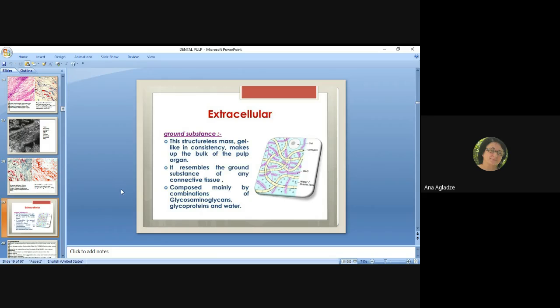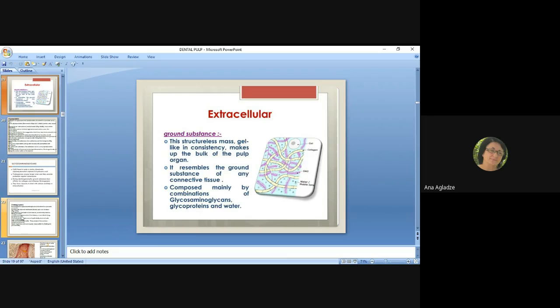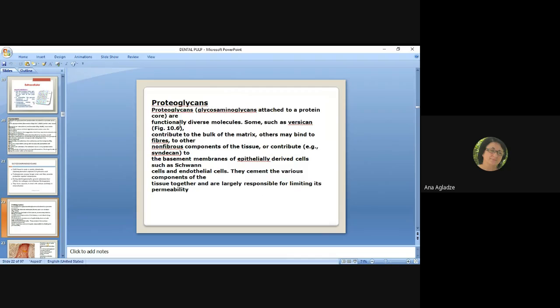Proteoglycans are glycosaminoglycans attached to a protein core, and they are functionally diverse molecules.